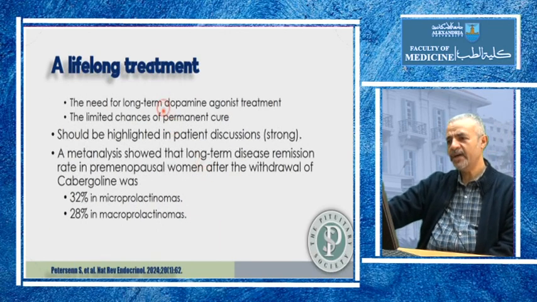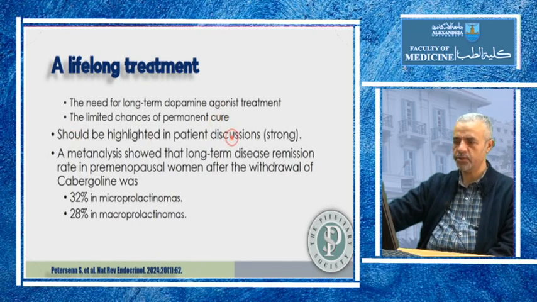But you have to highlight to your patient that the need for dopamine agonist is actually long term, and there are limited chances that the patient may achieve permanent cure. By cure, I mean that the patient would achieve a normal prolactin without the dopamine agonist treatment. So this should be highlighted in the patient discussion.